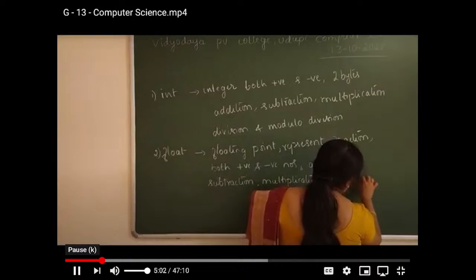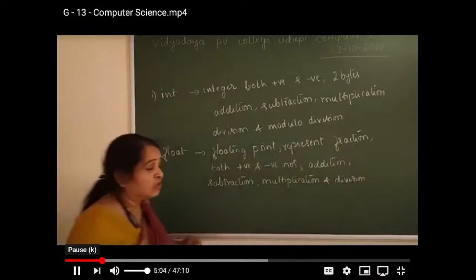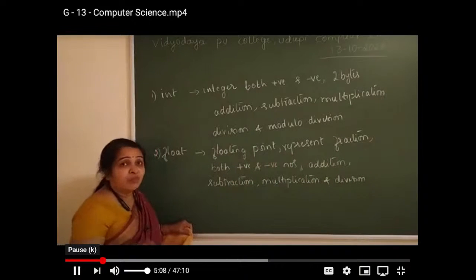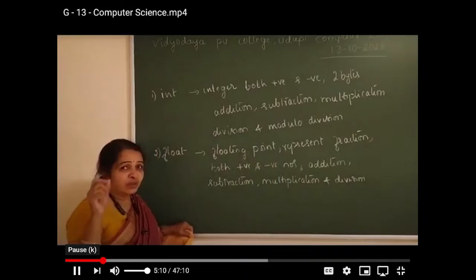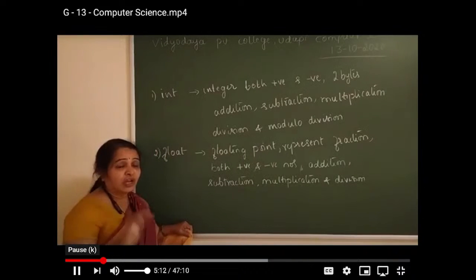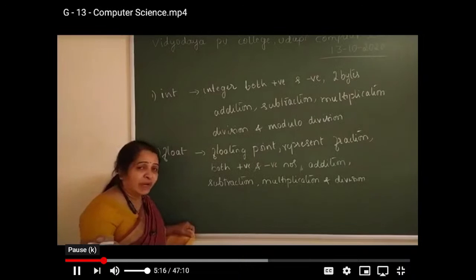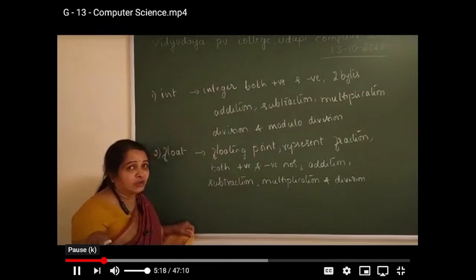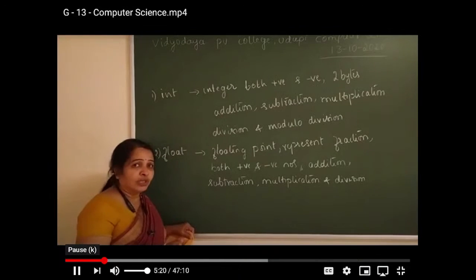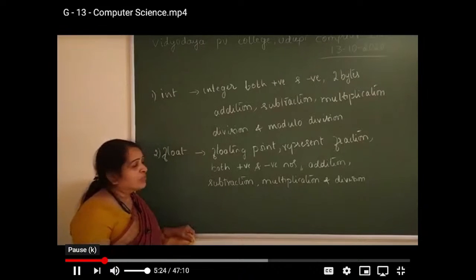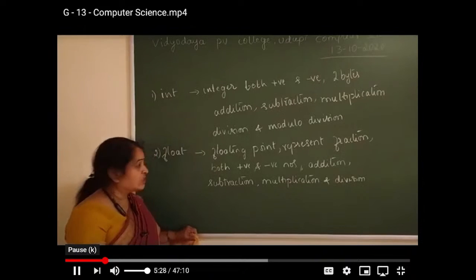We cannot find the remainders of the float type. Why? Because we are not going to remove the point there, not like a normal division. When you divide in the normal mathematical way, you will remove the point and all, no? That we are not going to do here. Only the integer division we have to do. That is why the remainder cannot be found. These are the possible operations on the float data type.